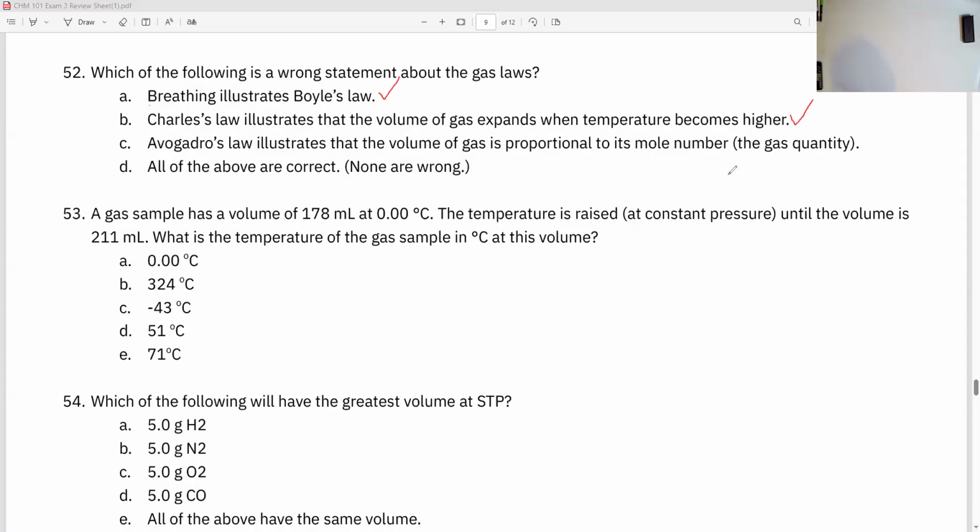That's showing a directly proportional relationship. Avogadro's law illustrates that the volume of a gas is proportional to its mole number. So the volume is going to get larger as the mole number gets larger, or the volume is going to get smaller as the mole value gets smaller. That's also true. Yeah, so all of those choices, A, B, and C, all make sense.